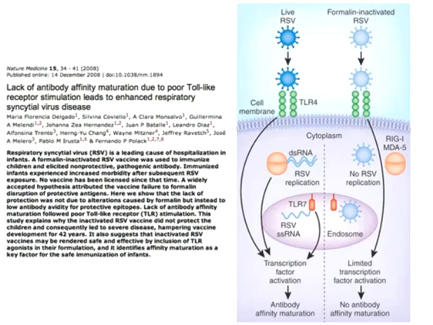So the sensor, one of the main sensors for this virus is a toll-like receptor, and the formalin inactivated vaccine didn't stimulate the TLR very well, so you got a very poor antibody maturation. Whereas the wild-type virus, the ligand is TLR4, get a great innate response and terrific antibody maturation. So any new vaccine has to take this into account. You have to make sure that whatever you do to the virus, you make sure it's still a good stimulator of TLR4.